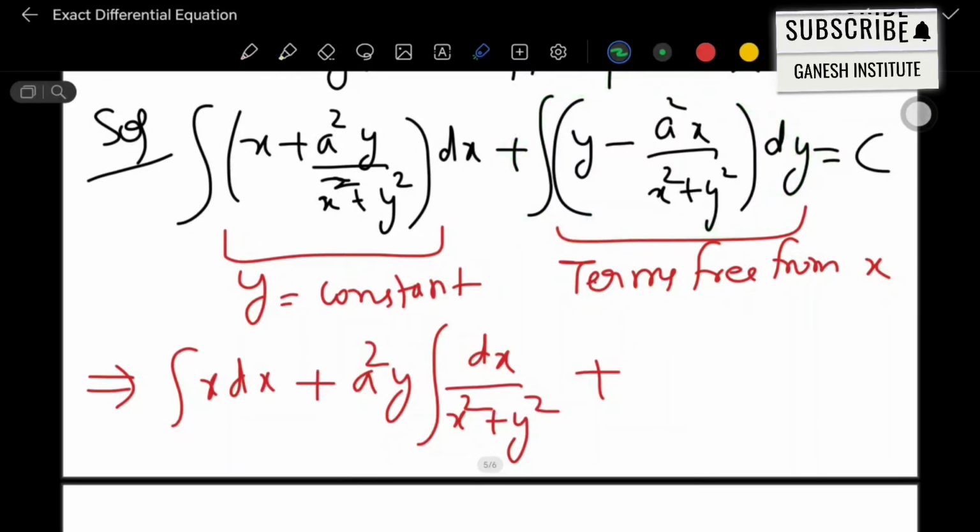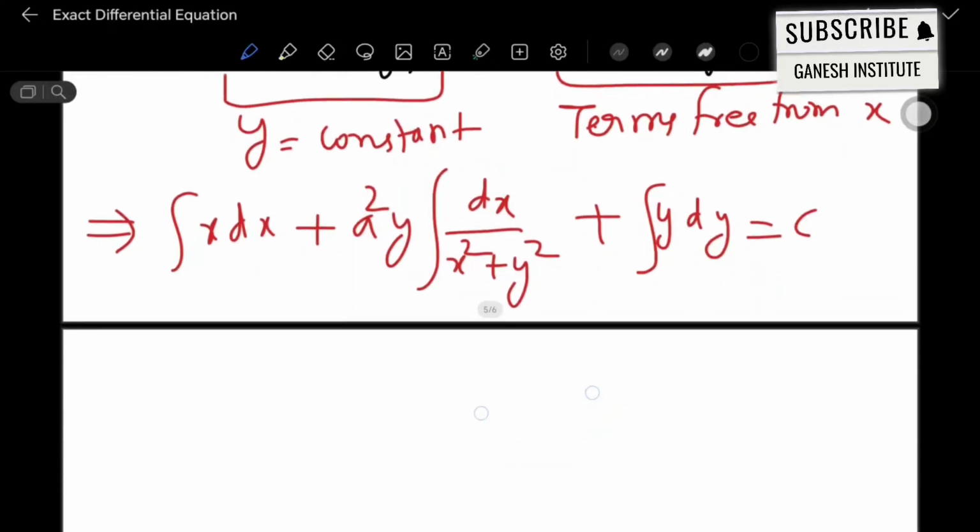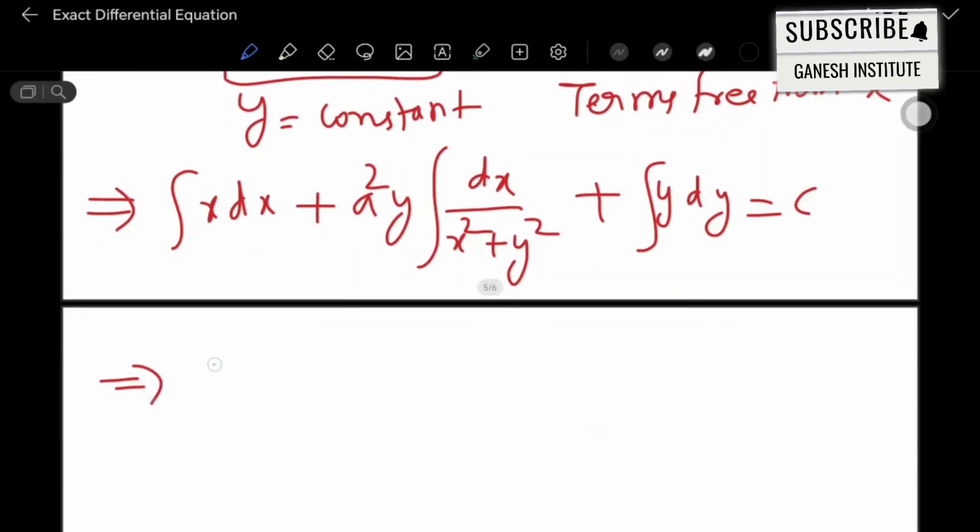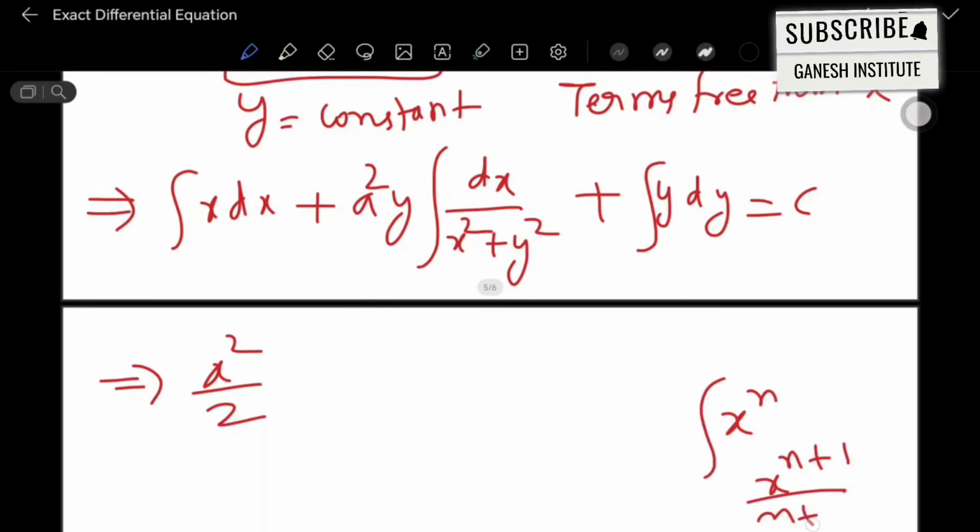So what's left? I cannot take this because it has x. Only y dy equals c. Now it's easy. This becomes x square by 2 because for integration we add one to the power and divide by the same.